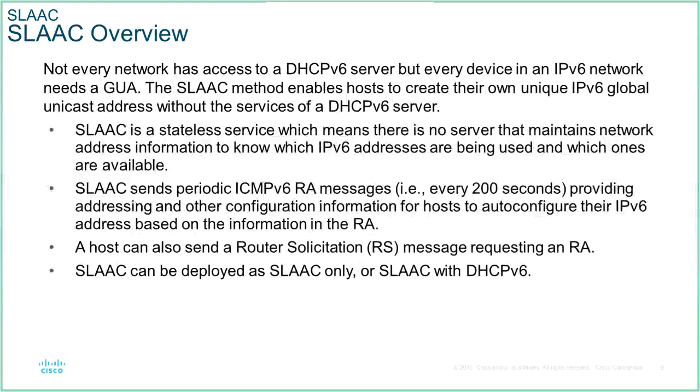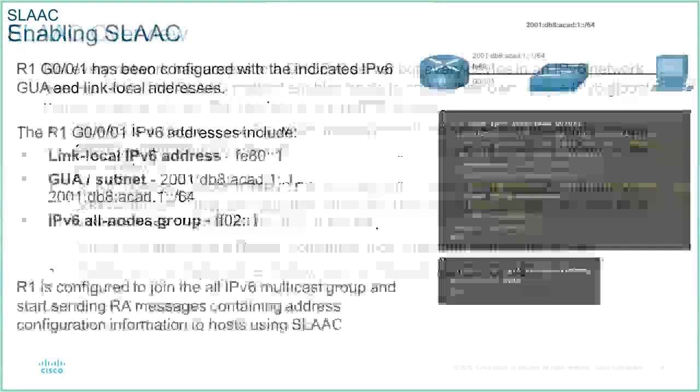The stateless service means no server needs to be maintained to keep track of addressing. We're going to use the messaging methods for router solicitation and router advertisements, which basically happen every 200 seconds, bouncing around the network to auto-configure our hosts. And we can deploy a SLAAC-only method, or we can use it combined with a server to control our addressing.